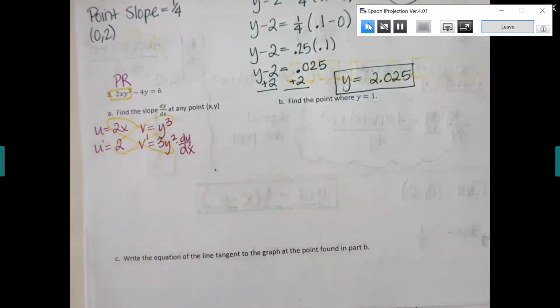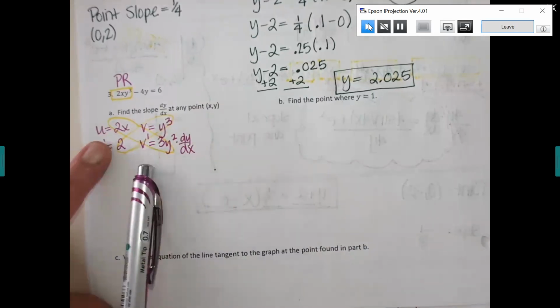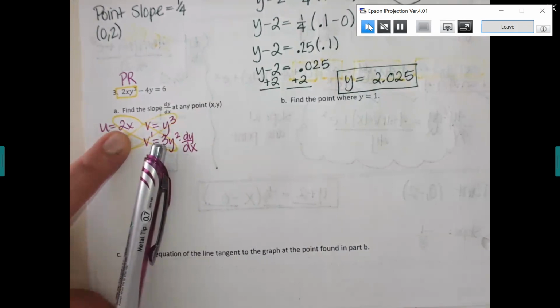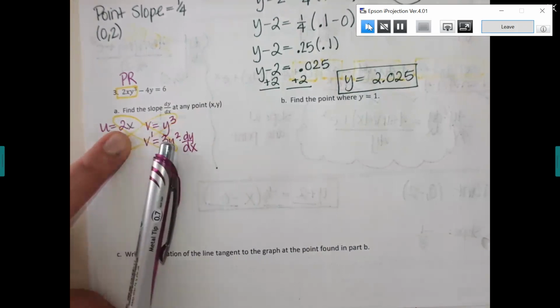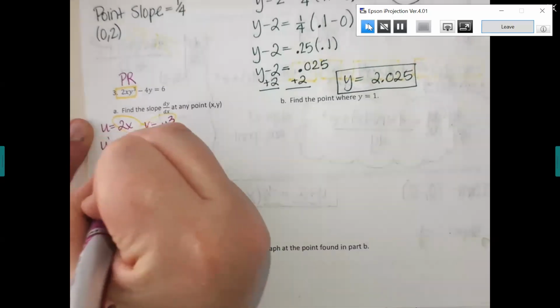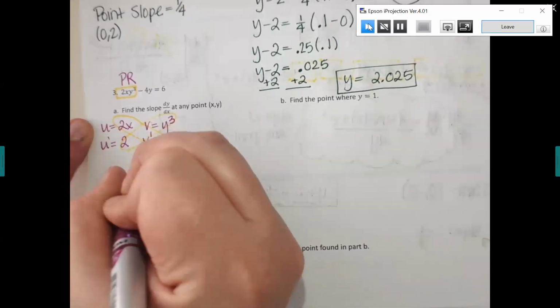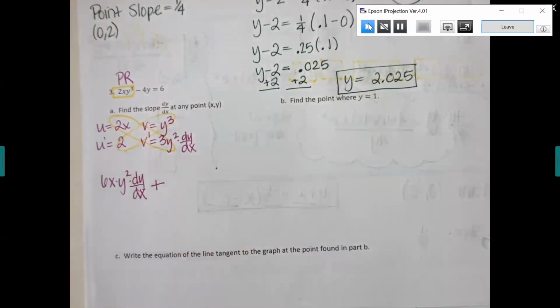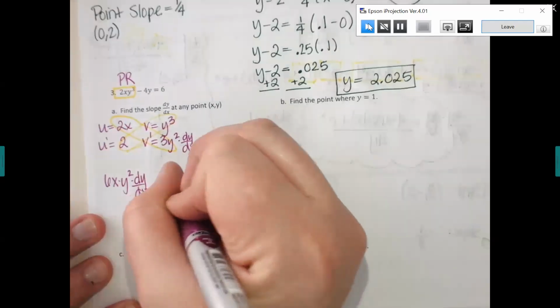Now, as you go, for this diagonal, multiply the 2 and the 3 together. So what would 2x times 3y squared be? 6xy squared dy dx plus, and then my other diagonal is just a 2 times a y cubed, so it'd just be 2y cubed.